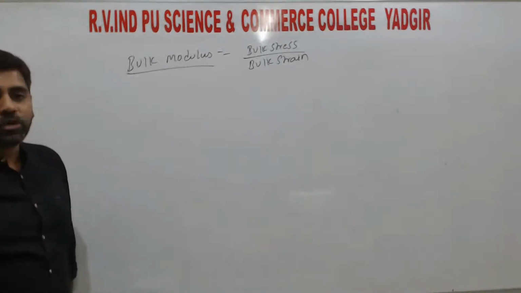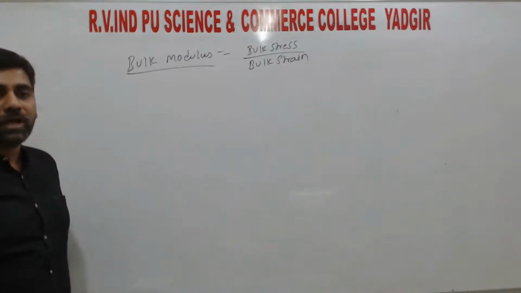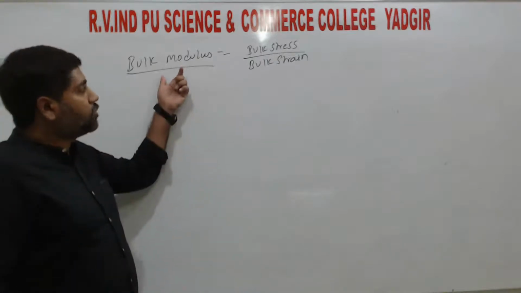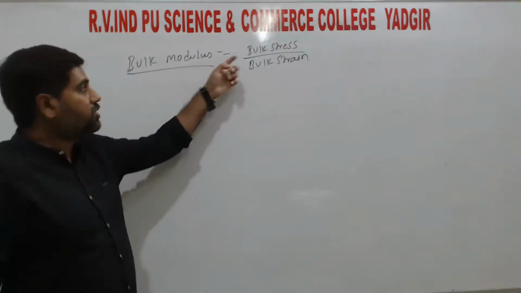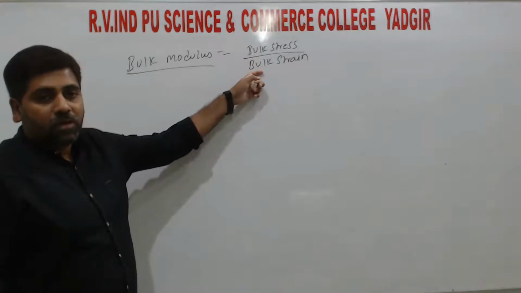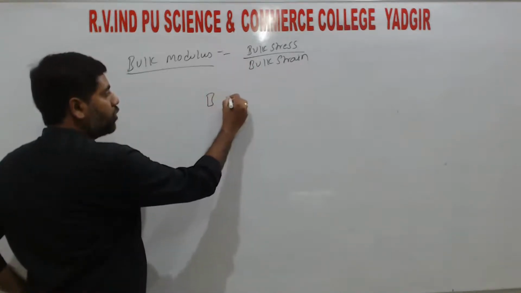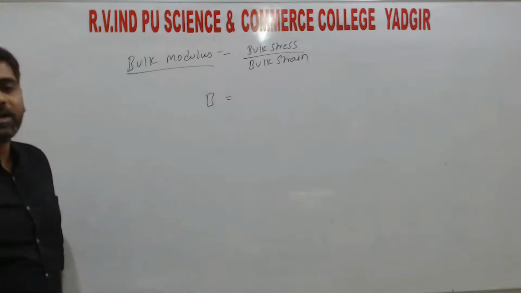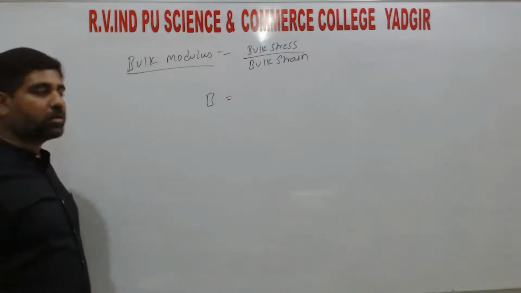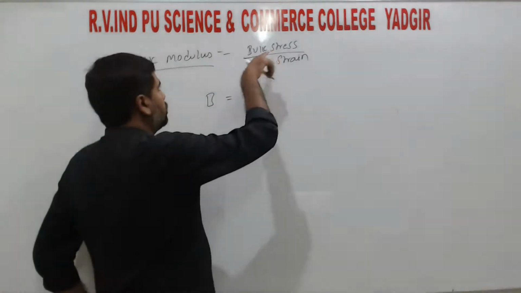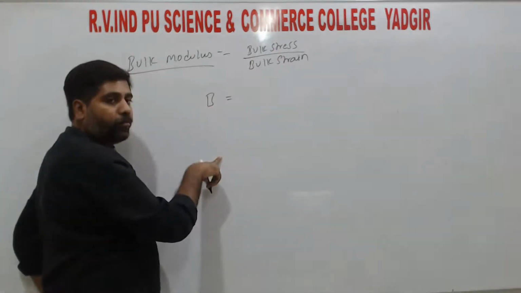If we remove the proportionality, we get the modulus of elasticity named the bulk modulus, right? So bulk modulus equals bulk stress to that of the bulk strain, right? Bulk modulus is denoted by B, right?